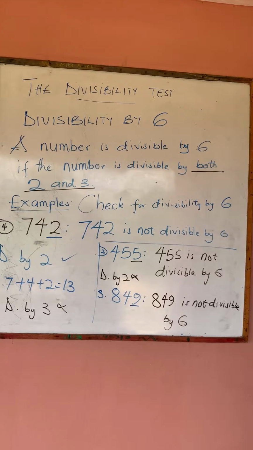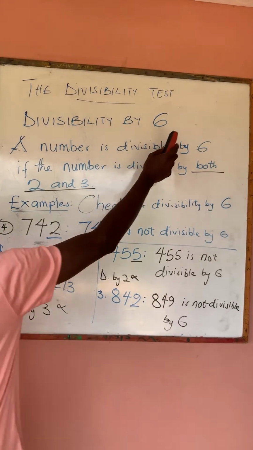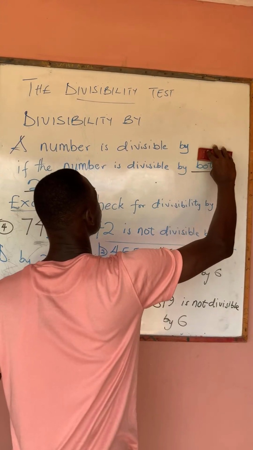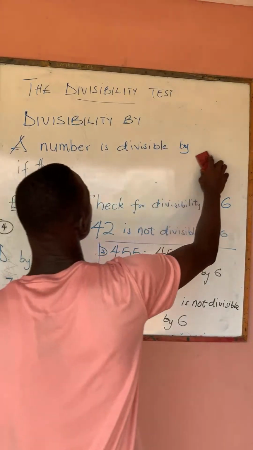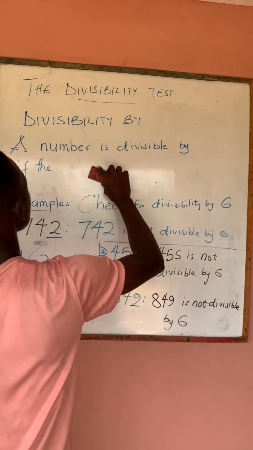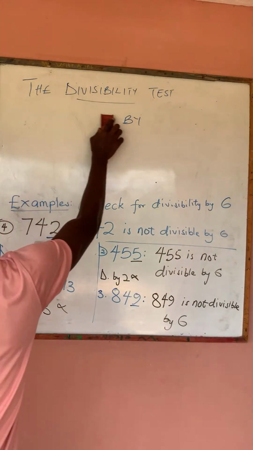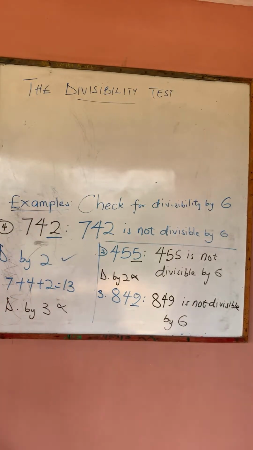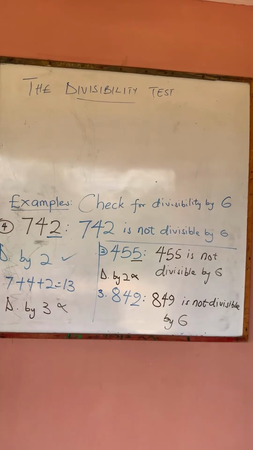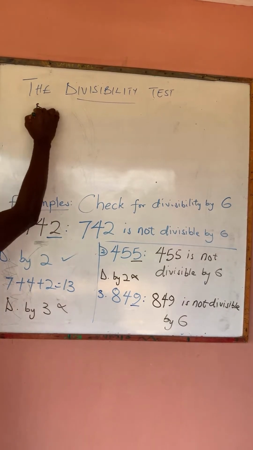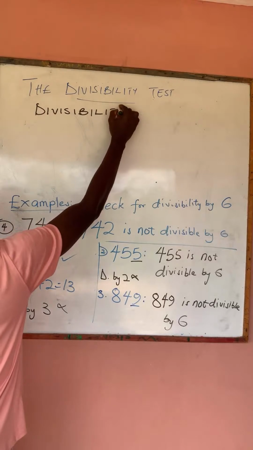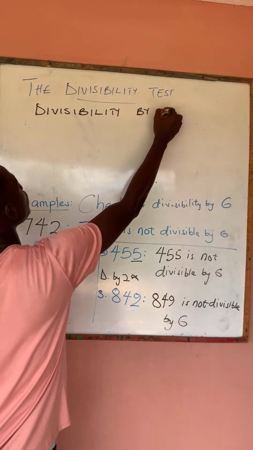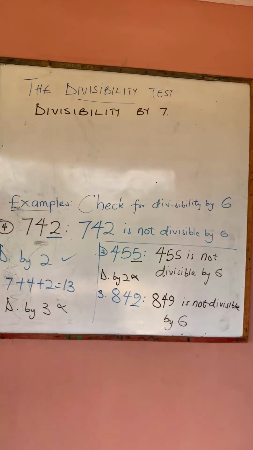Let's move on to divisibility by 7. All right, divisibility by 7.